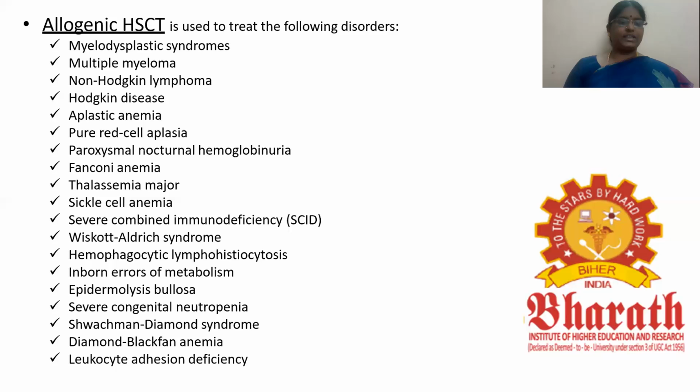So this kind of allogenic HSCT is used to treat the following disorders like myelodysplastic syndromes, multiple myeloma, non-Hodgkin lymphoma, Hodgkin's disease, aplastic anemia, pure red cell aplasia, paroxysmal nocturnal hemoglobinuria, Fanconi anemia, thalassemia, sickle cell anemia, severe combined immunodeficiency, Wiskott-Aldrich syndrome, hemophagocytic lymphohistiocytosis, inborn errors of metabolism, epidermolysis bullosa, severe congenital neutropenia, Shwachman-Diamond syndrome, Diamond-Blackfan anemia, and leukocyte adhesion deficiency.